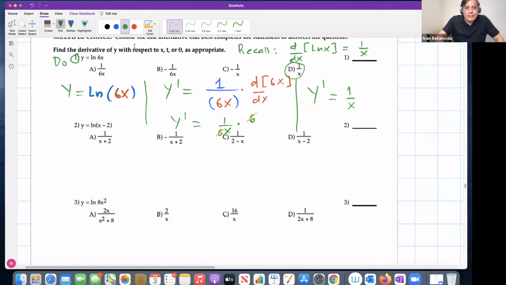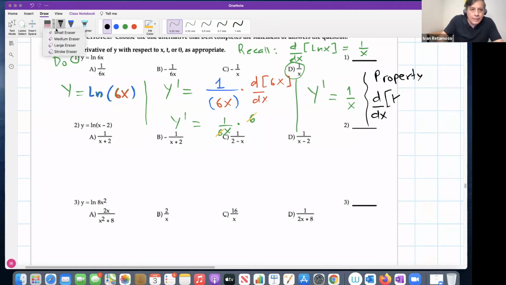Now I'm going to write this as a property in case you want to catch this nice property. The derivative with respect to x of natural log of kx, that's the way, right? Derivative with respect to x of natural log of k times x is equal to 1 over x still, okay?